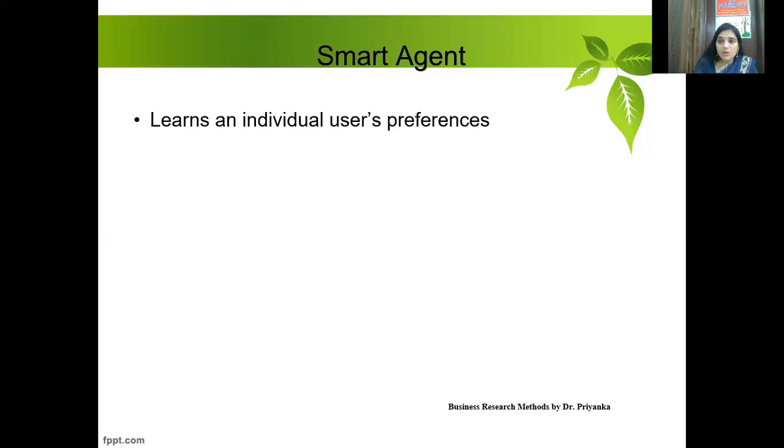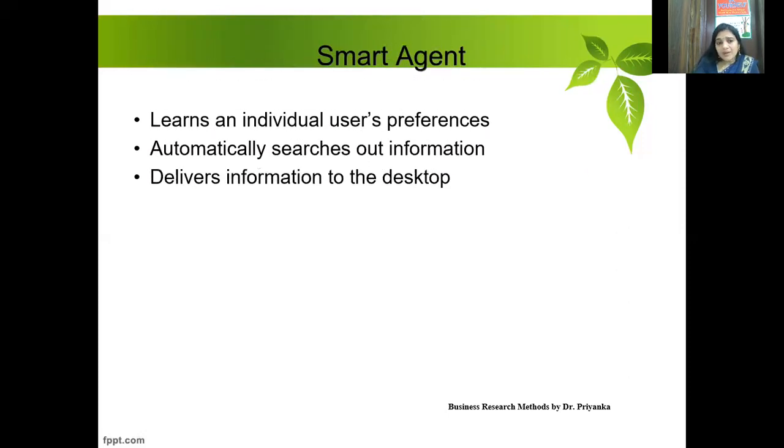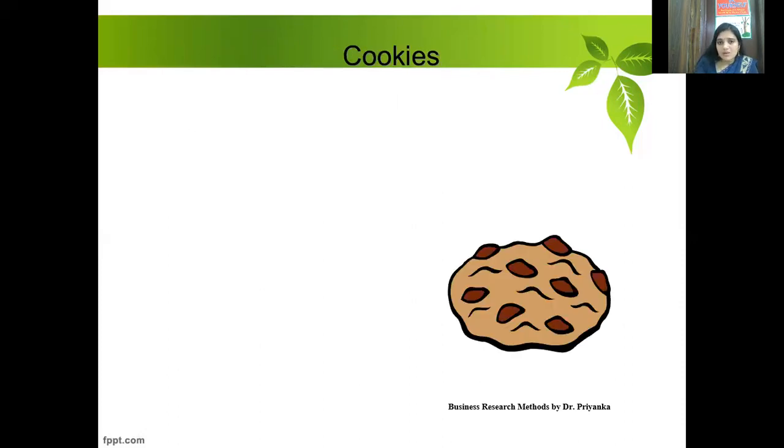If I'm doing something on internet, smart agent will learn how I use things and how much information I try to serve on one particular website or another. Then it automatically searches out information for me and delivers it to the desktop. This is the work of smart agent.